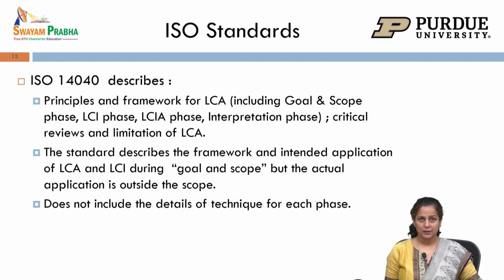The standard describes the framework and its intended application of LCA and LCIA during goal and scope, but the actual application of your LCA is outside the scope. And also it does not include the details of technique for each phase. However, in this course, we will go through the techniques of each phase in much detail.